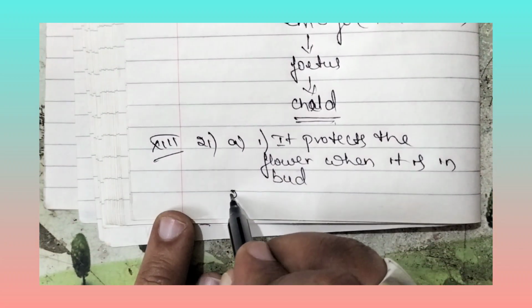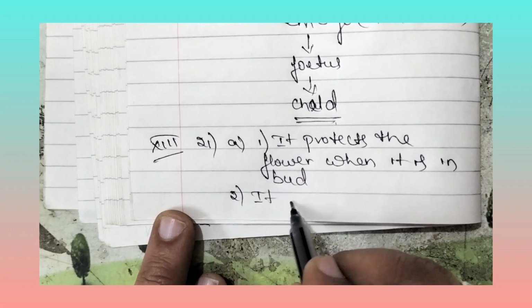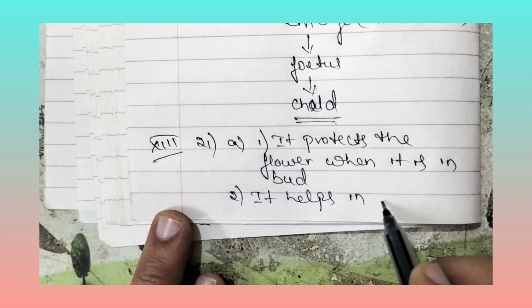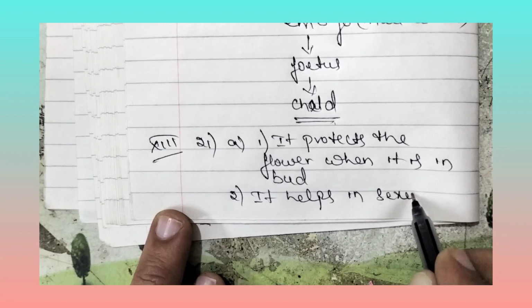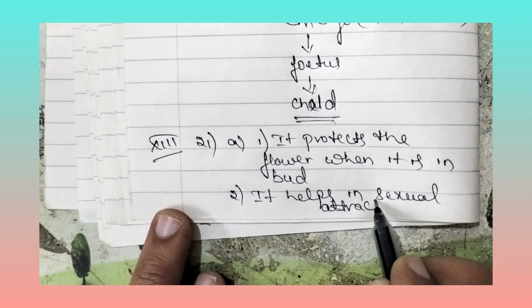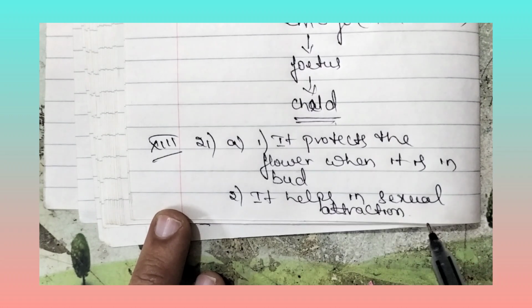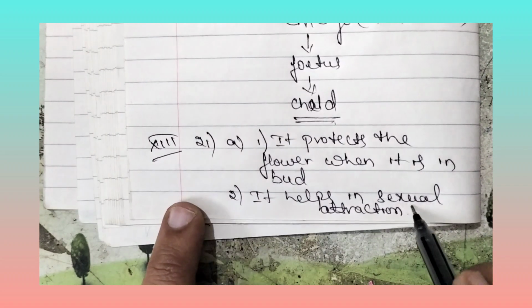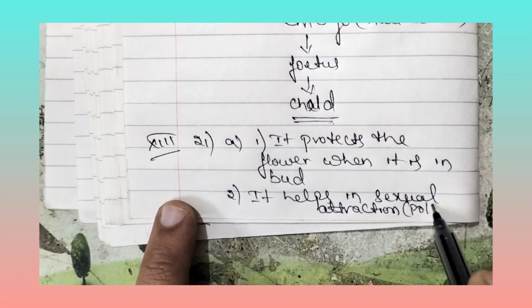Then second one is, due to presence of different colors, it helps in sexual attraction. It makes the birds and insects come towards the flower, in the sense it helps in pollination.